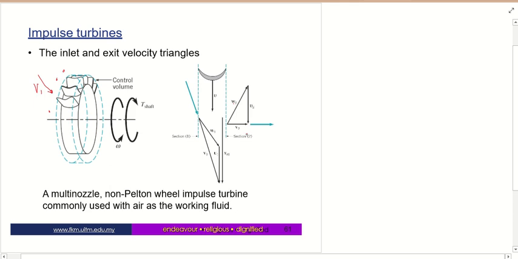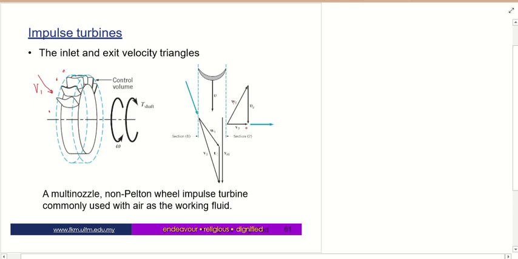So in order for the absolute velocity of the fluid to be changed in this direction, the blade must push on the fluid in the direction opposite to the blade motion.